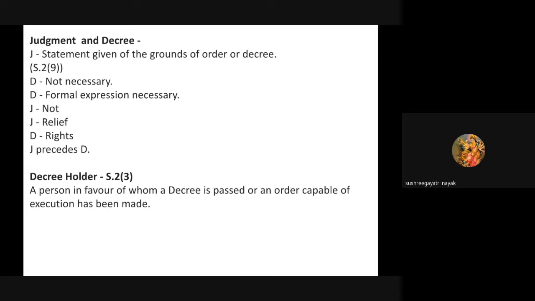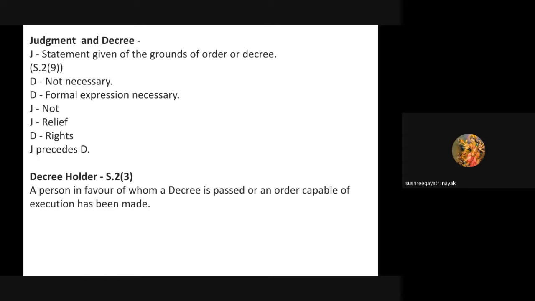Now, what is the difference between a judgment and a decree? This can also come as a short question. Judgment is defined in section 2(9), and decree is defined in section 2(2). Judgment is a statement of the grounds of an order or decree. Why did the particular judge or court reach the conclusion of that order or decree? Those statements of the grounds will be the judgment.